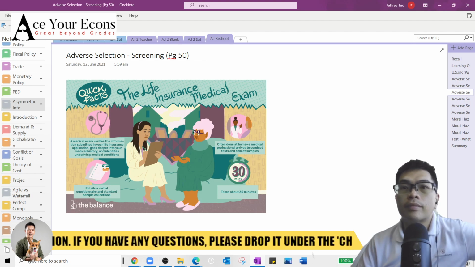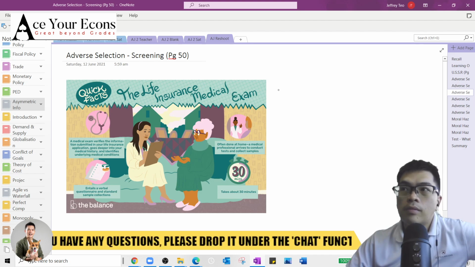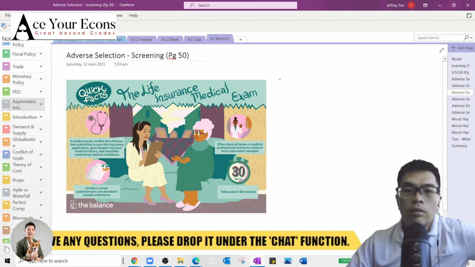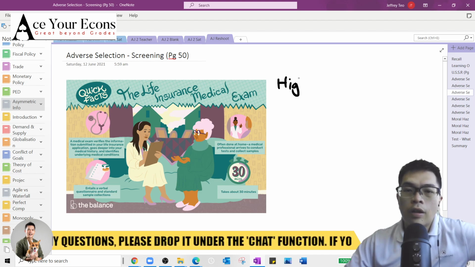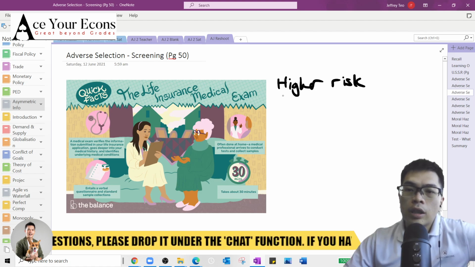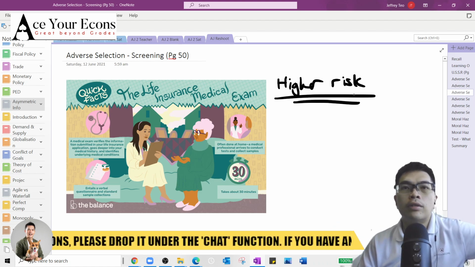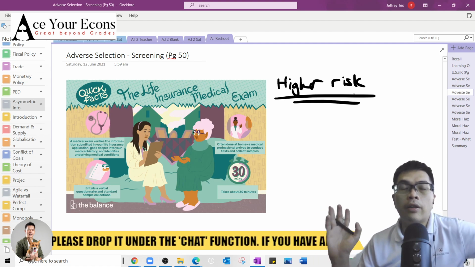Why? To make sure they legit have it, or whether there's any extra sickness they should be aware of, because they fall into the issue of higher risk. So they want to ensure that the risks are properly reflected.